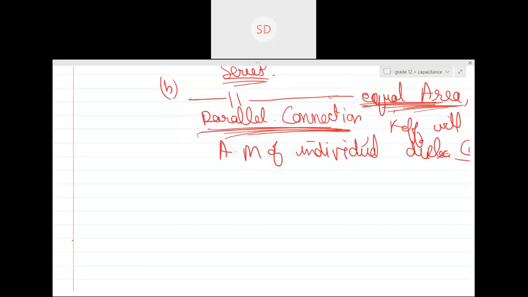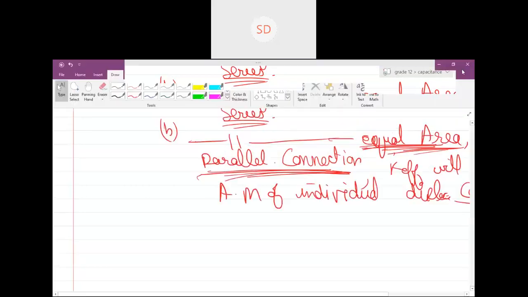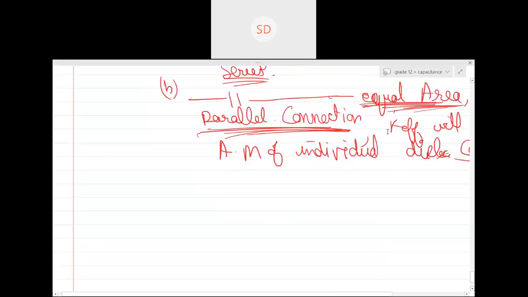And don't worry, I'll share some sheets with you today for electrostatics and capacitors. You sent me something, sir, a worksheet. No, that is a book, a previous year book. I have had that book in PDF format from many years ago, so you can download it from the internet.